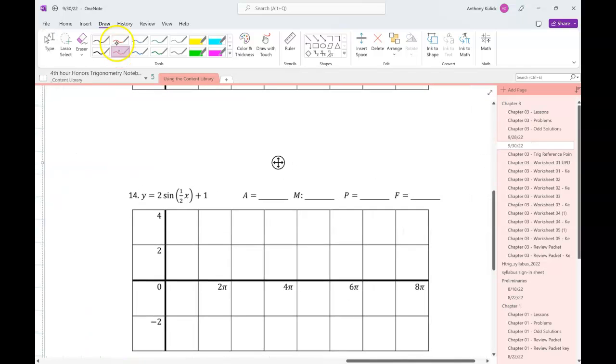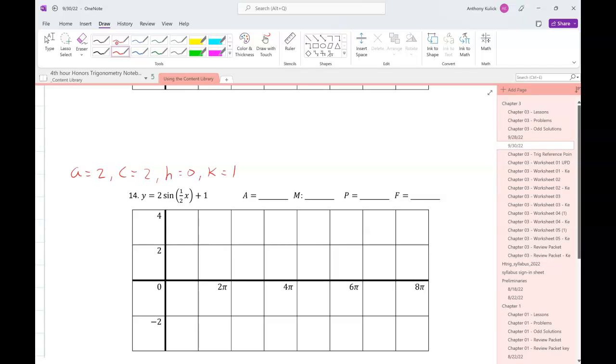All right, so the first thing I'm going to do is identify my values for A, C, H, and K. Hopefully that's not too difficult there, right? Any questions there? Okay, amplitude is 2.